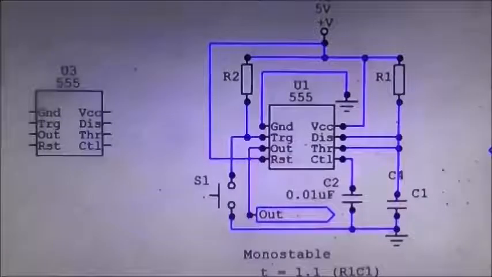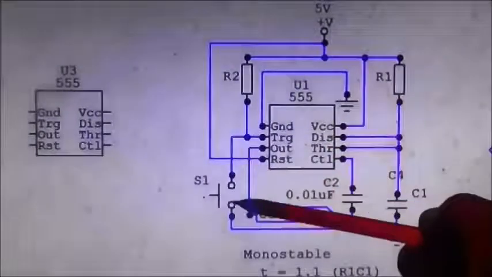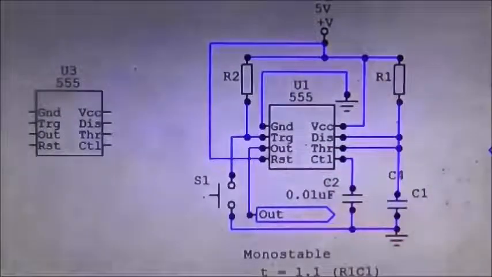Now, as you remember, on the breadboard we had the monostable circuit, and here it is drawn out in its schematic format. So we've got 1, 2, 3, 4, 5 external components to the chip here, and let's go through them and see what we've got.